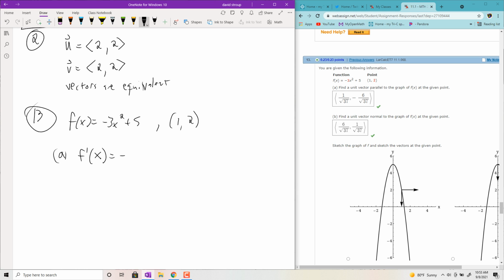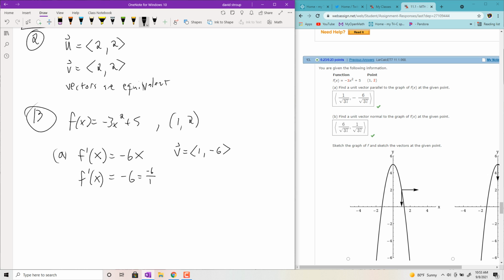F prime of x is negative 6x. At the point 1, 2, we have the slope negative 6. So our direction is, if you think of negative 6 as rise over run, the run is 1, the rise is negative 6, you're going down 6 over 1.